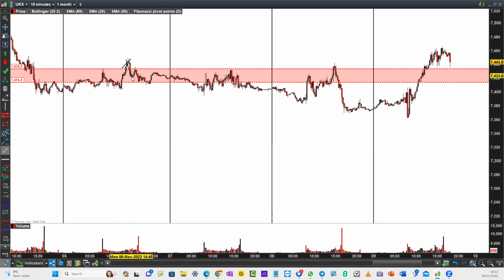But once we dropped inside it, the high of the open range sold, and then we ended up on the floor into the close. So if you had this marked up on Monday, then you could have shorted that high at 74.35 and taken it off at 74.10. Not a lot of beans in it. That's why I don't often trade the FTSE.